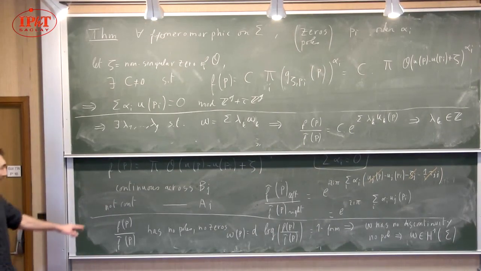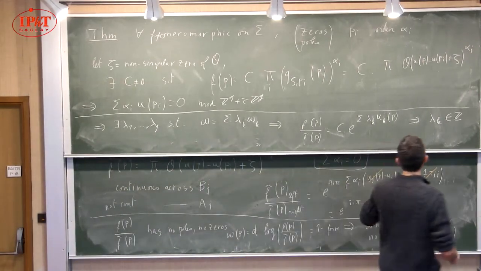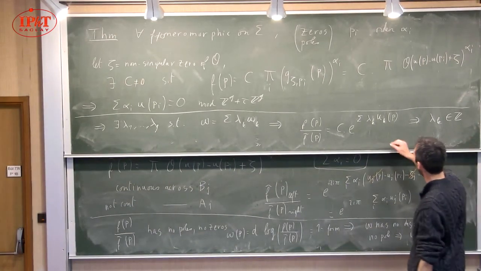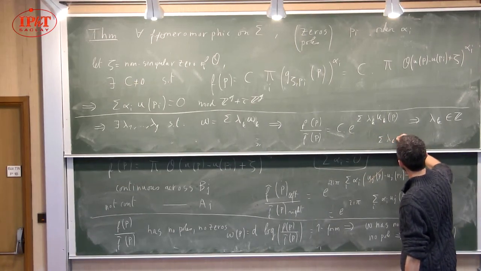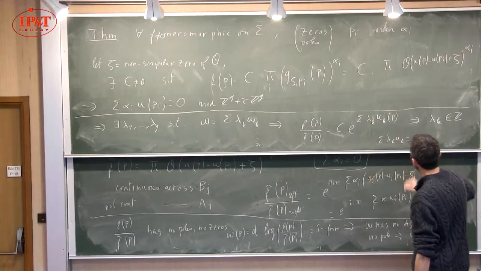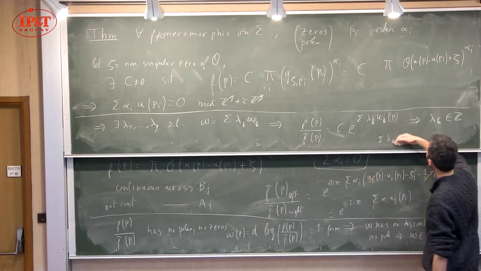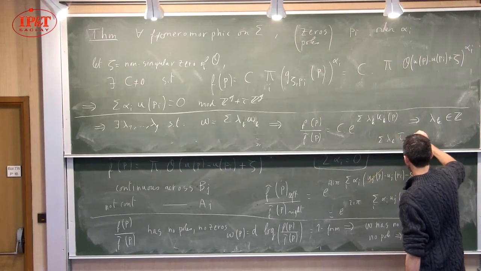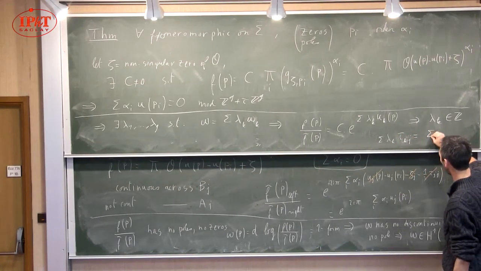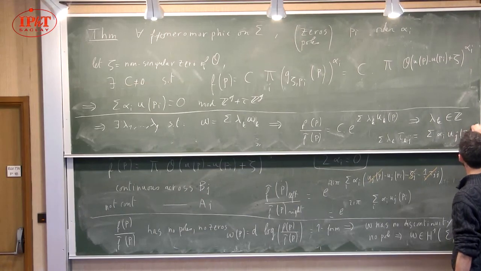When you go now across an A cycle, this has to be equal to that. So this means that sum of lambda k tau kj must be equal to sum of alpha I uj of pi.